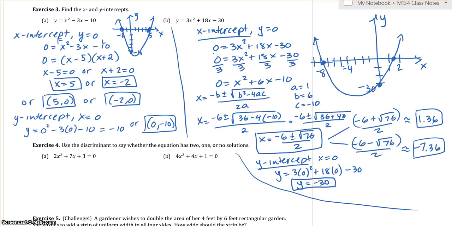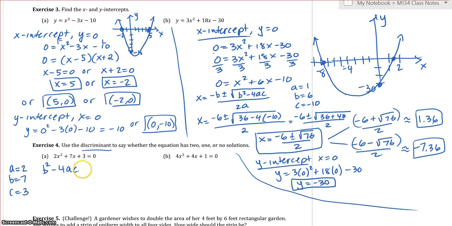If you remember, what's the discriminant? The discriminant is b squared minus 4ac. It's inside the quadratic formula. So if I just look at that, the a we know is 2, the b we know is 7, and the c is 3.